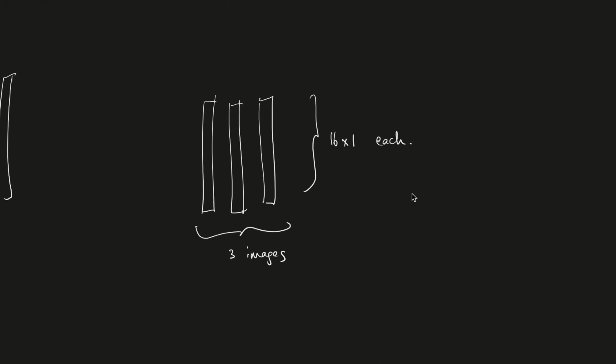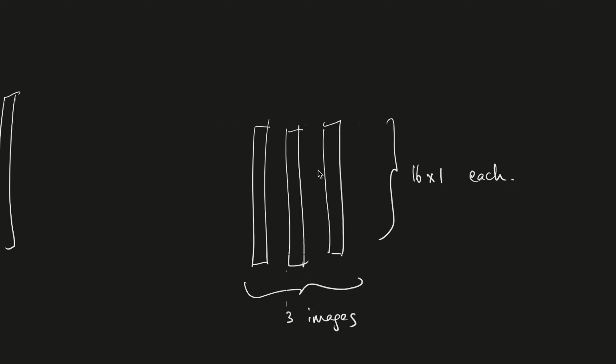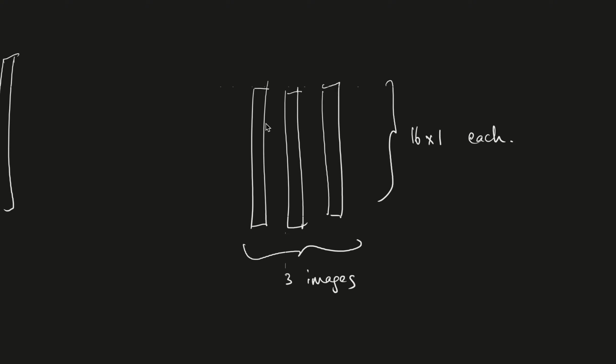Now, while we saw some horizontal stacking, it is possible that images could be stacked vertically as well. A simple matrix transpose could make the conversion from horizontal to vertical stacking. But in case these are vertically stacked, remember, you would have 16 rows and 3 columns.